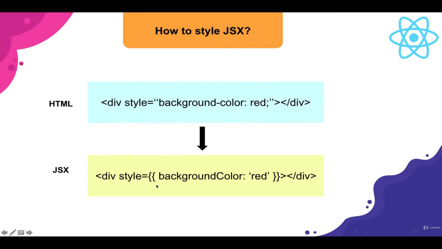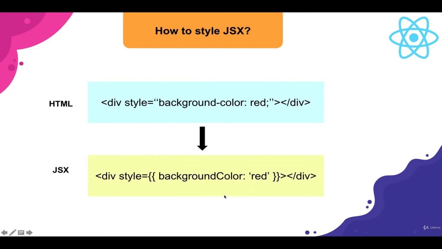And the second curly brace right there is meant to a JavaScript object. So in other words, when we do styling with JSX, rather than provide a simple string like so, we're going to instead provide a JavaScript object where all the keys of the object reference a different property that we want to style, and the values indicate the value for that particular styling.